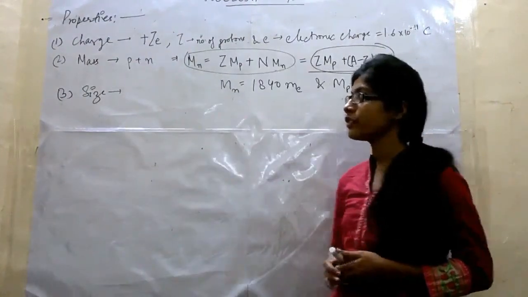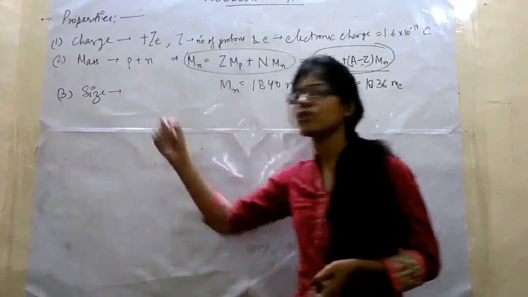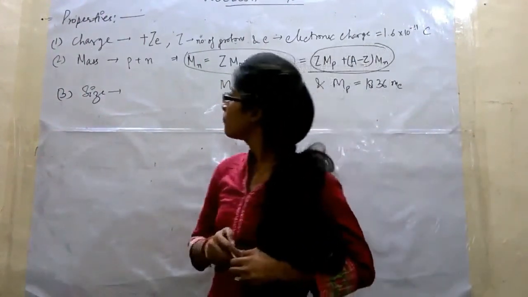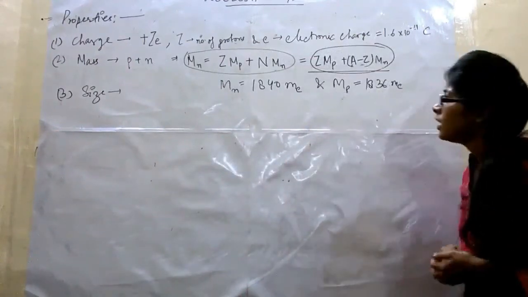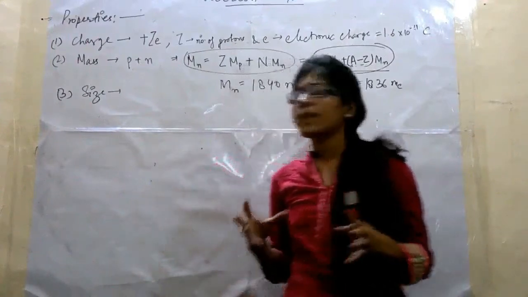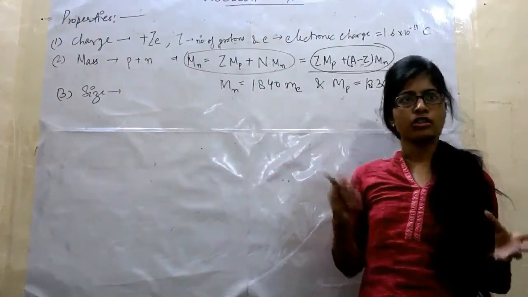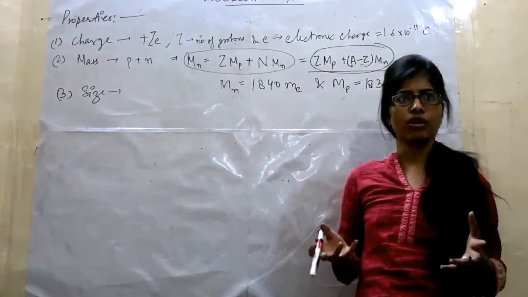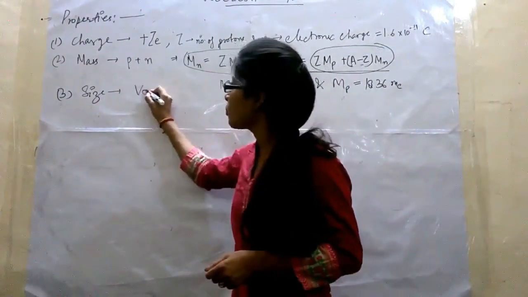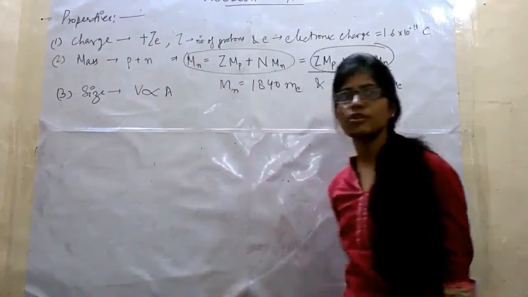If we somehow derive the radius of the nucleus, we will get an estimation of the size of the nucleus. Before that, I will let you know that the volume of the nucleus is basically comprised of protons and neutrons, or we say nucleons. So the volume of the nucleus is directly proportional to A, the number of nucleons.